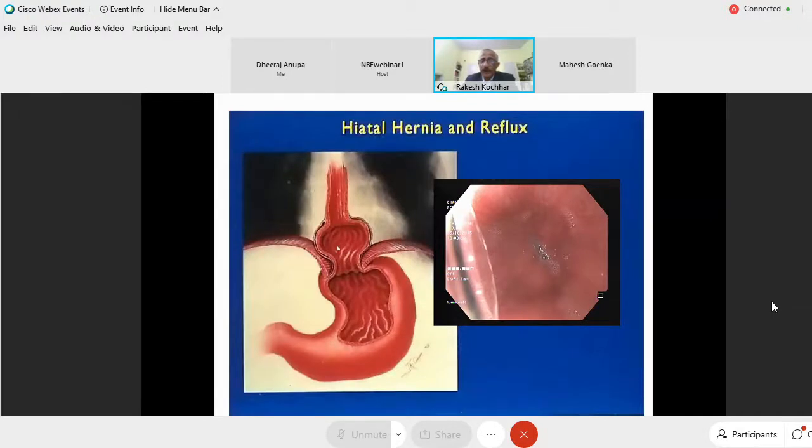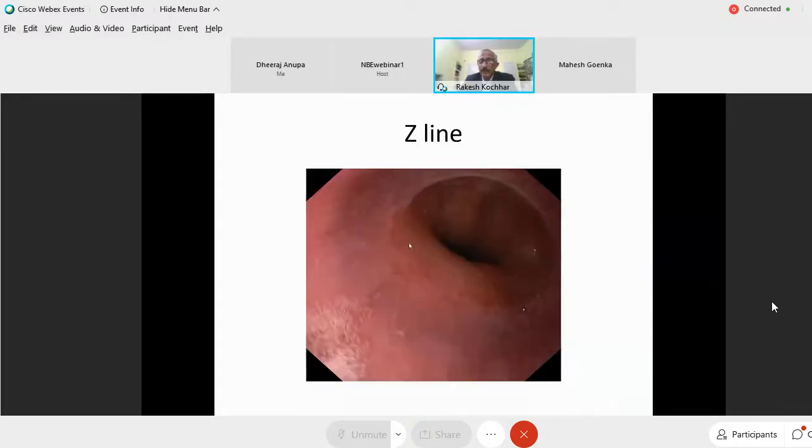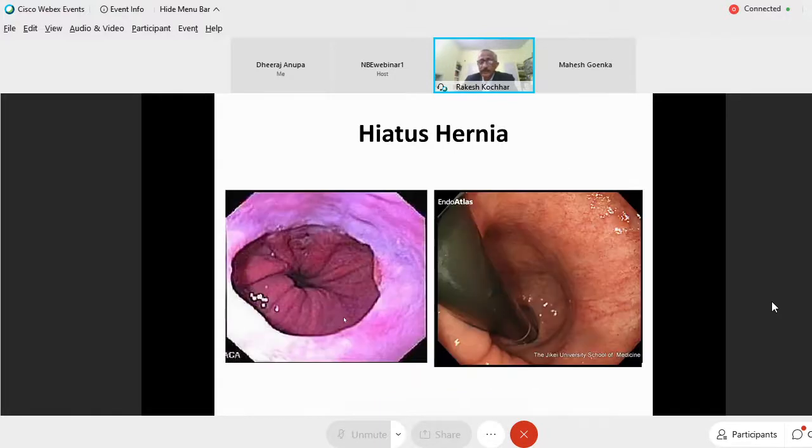Why? Because that is how you will describe the hiatus hernia and the Barrett's esophagus. Hiatus hernia is defined between the diaphragmatic pinch and the squamocolumnar junction. Again, with the esophageal palisading vessels and the gastric folds where they meet, if this distance is more than 2 centimeters, you call it a hiatus hernia. So this is the Z line. This is not a hiatus hernia, it is just a centimeter in depth.